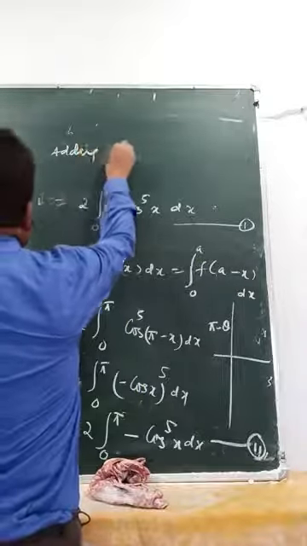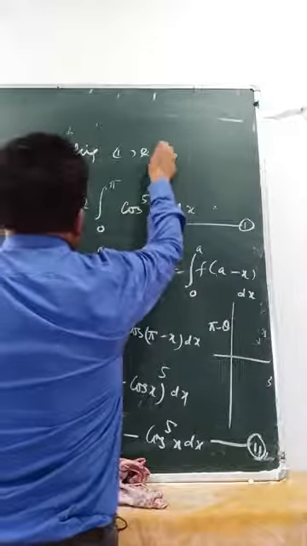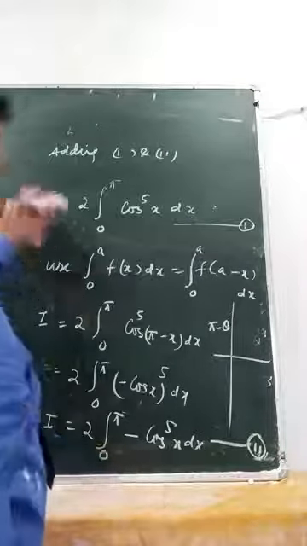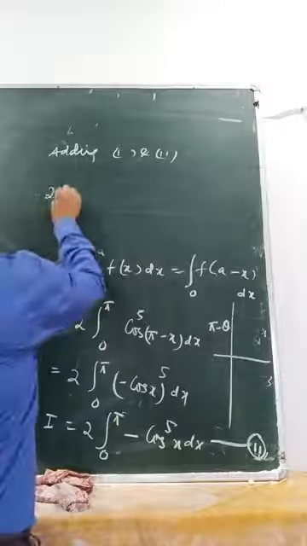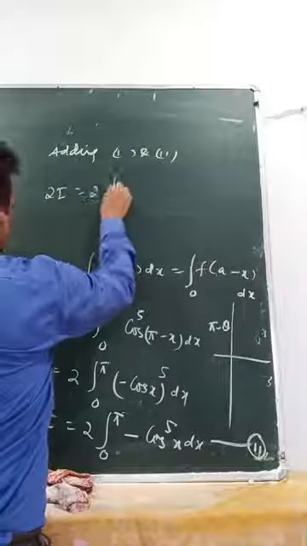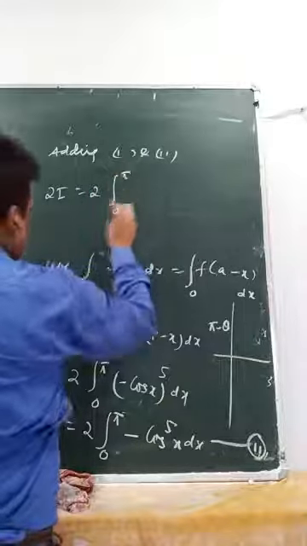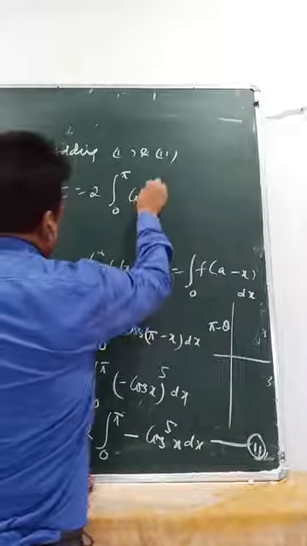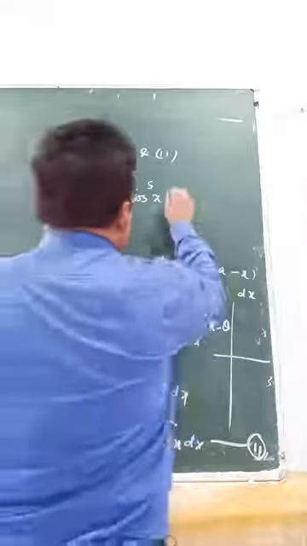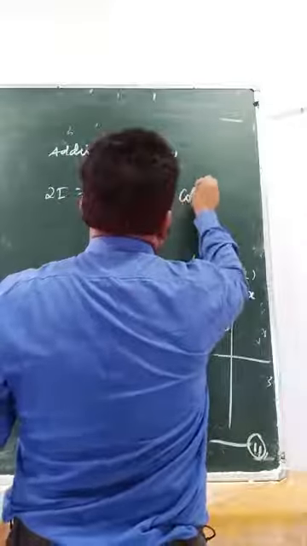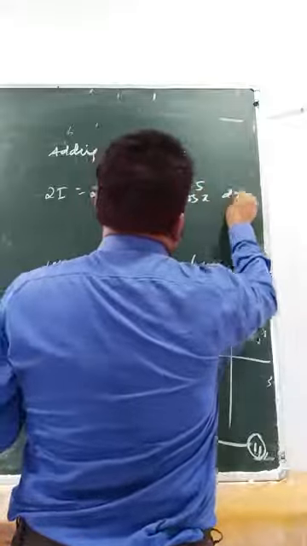Adding 1 and 2, you'll get 2i. 2i equals 2 times 0 to pi. First was cos 50x, second became minus cos 50x, dx. So this is 0.